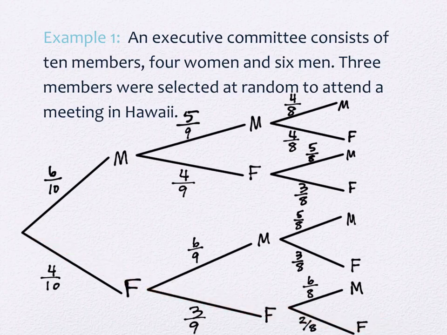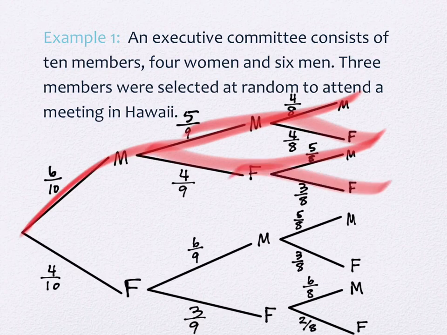Where do you see those? Sorry, say again, Faith. The one that starts with the male. Okay, obviously everything that starts with the male. So it would be this one, and this one, and this one, and this one, right? Okay, what else? Good observation. Say that louder for me.